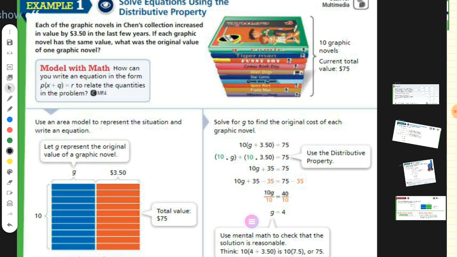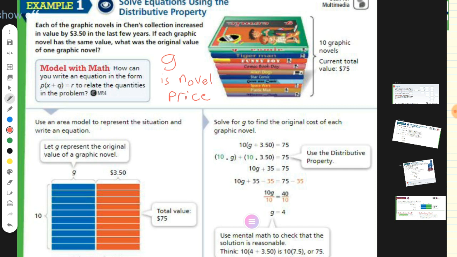So currently, these days, the price of each novel increased by 3.5. If we consider the price of each one is G, the novel price G, and all the novels have the same price, by the way.